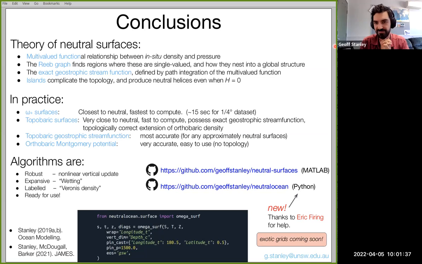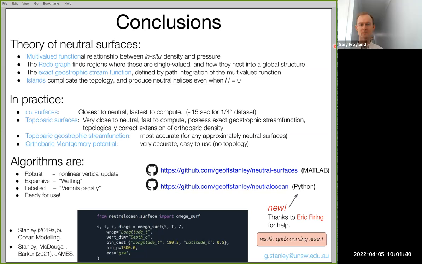Okay. My second question was about, I don't know where it was, three quarters of the way through, you had an algorithm to make a single valued relationship between the pressure and the density. It was like a seven-step algorithm or so, and I didn't follow how passing through that ensured that you had this single valuedness. Could you elaborate on how that's forced?